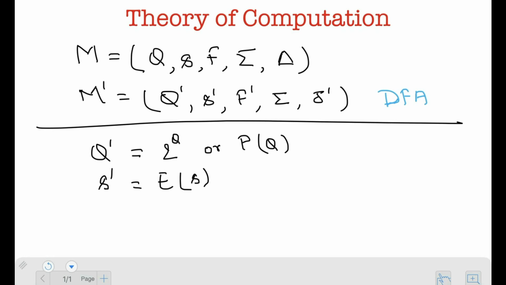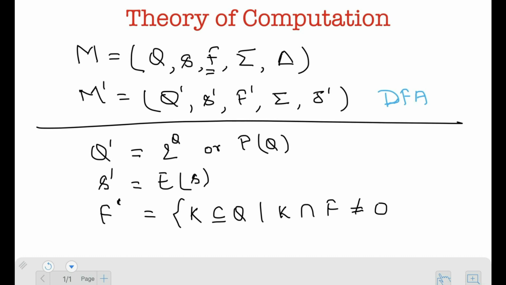And next I have my final states F prime. F prime will be the set of K, let's say, which is a subset of Q, such that K intersection F is not equal to the empty set, where F is the set of final states for my NFA.